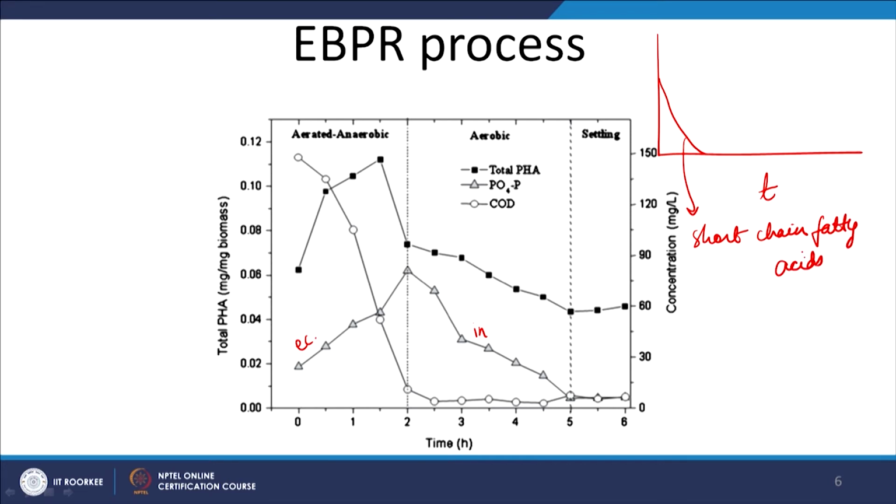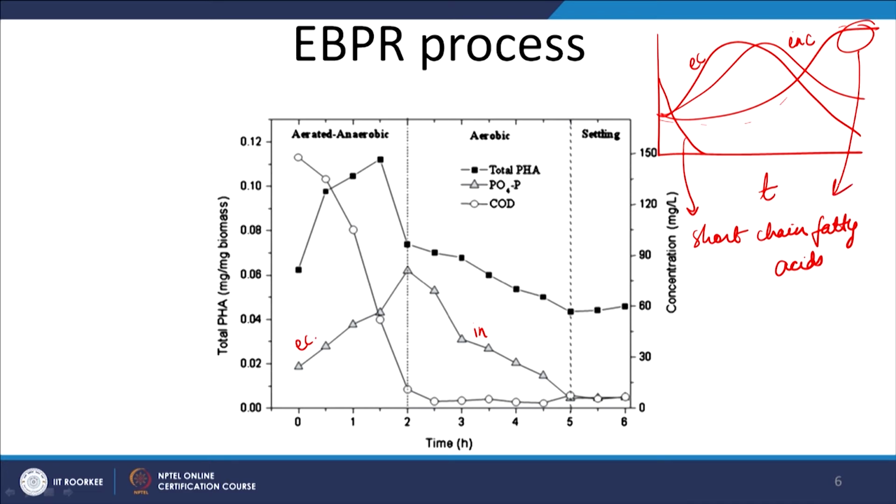Your extracellular polyphosphate would first rise and then it would decline, and then your intracellular polyphosphate would rise and then decline. So this is extracellular, this is intracellular, and the intracellular polyphosphate would first stay low and then it will rise, and then this is what is removed as your biomass.